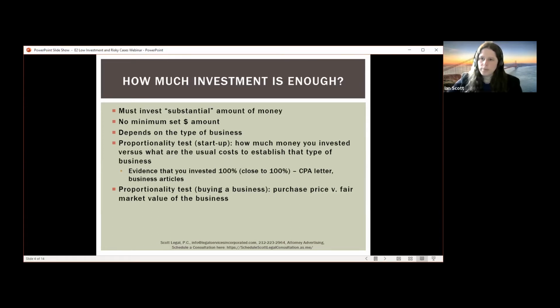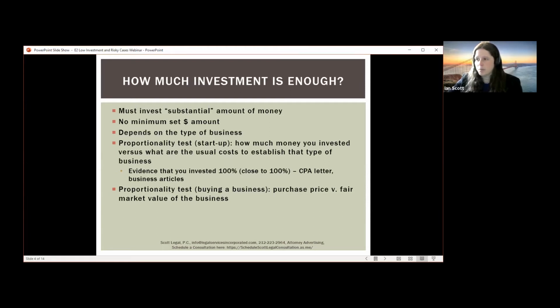So for lower amounts, and when I say lower, I mean really anything under kind of 150,000 or 200,000, you want to be able to say that you've spent 100% of the cost to set up the business. So you should consider what are reasonable startup costs for your type of business. What do you actually need to start operating?